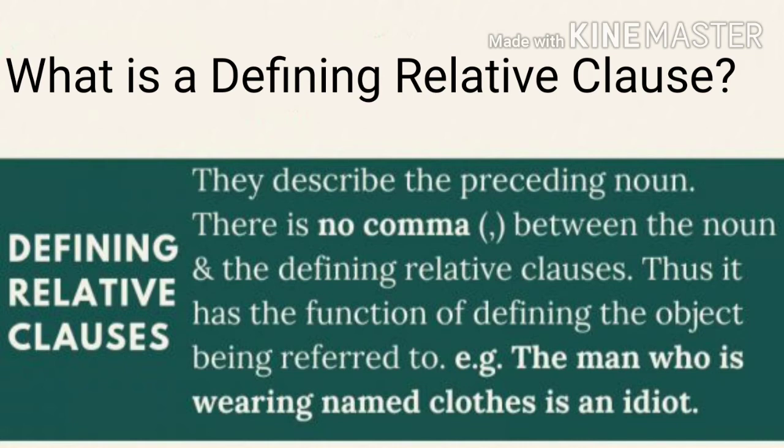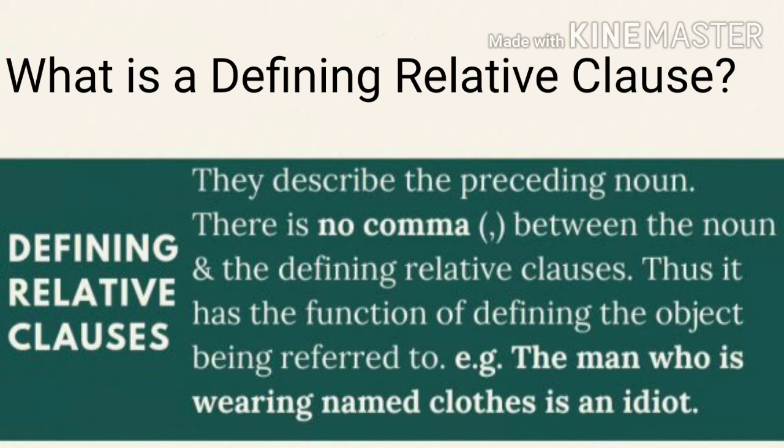Defining relative clauses describe the preceding noun. There is no comma between the noun and the defining relative clause. Thus, it has the function of defining the object being referred to. For example, the man who is wearing named clothes is an idiot.